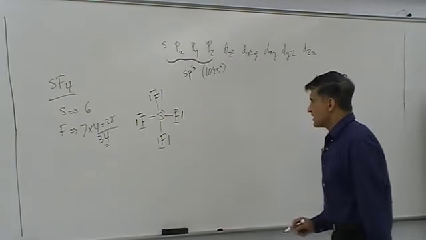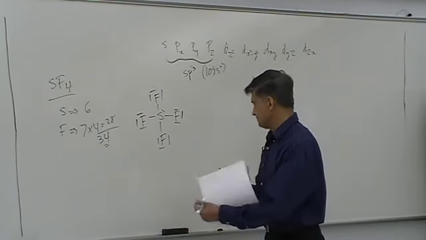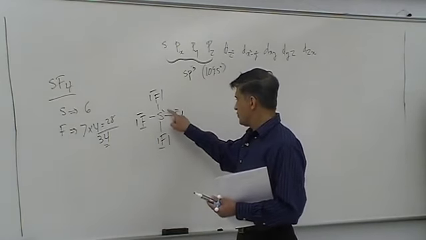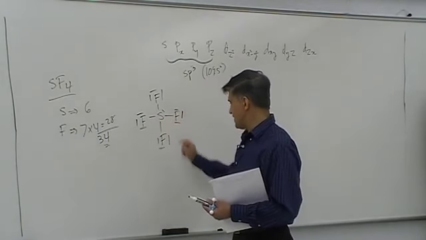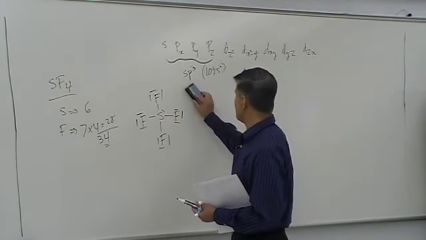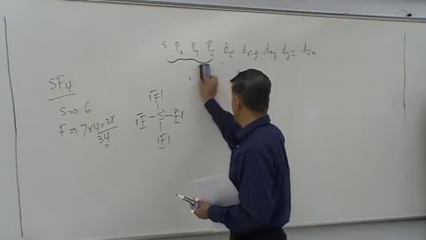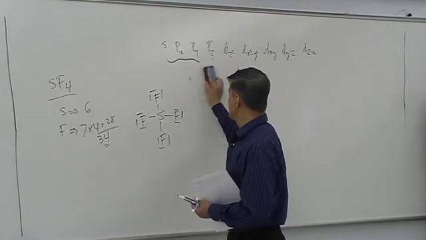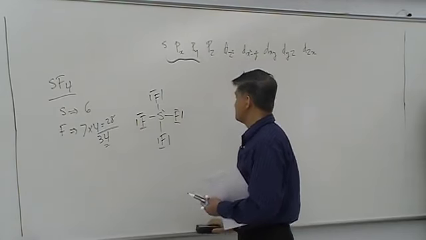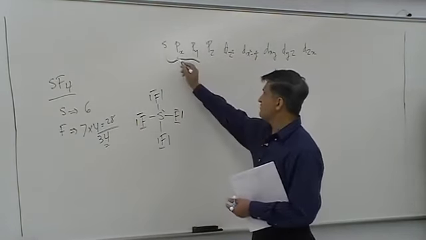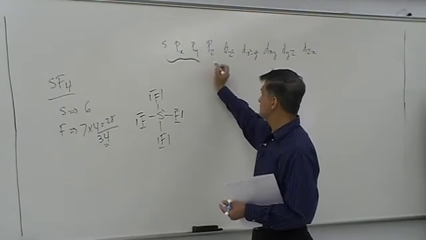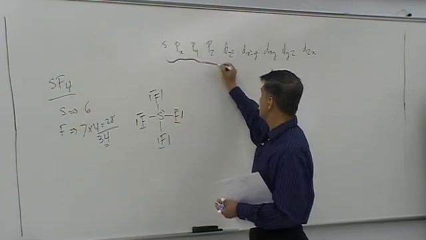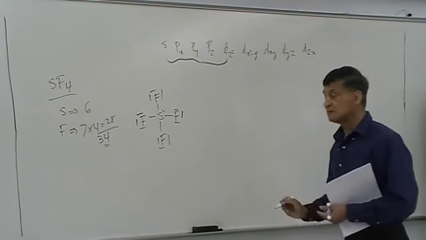Now, how many electron pairs do we have? That will determine electron domain geometry. 1, 2, 3, 4, 5. Altogether we have 5 pairs. So obviously sp3 is not going to do the job because I need to make room for 5 pairs of electrons. So I need 5 hybrid orbitals. So let's start from S. Now I need to include all 5 orbitals. 1, 2, 3, 4, 5. So that has to have 1 d orbital.